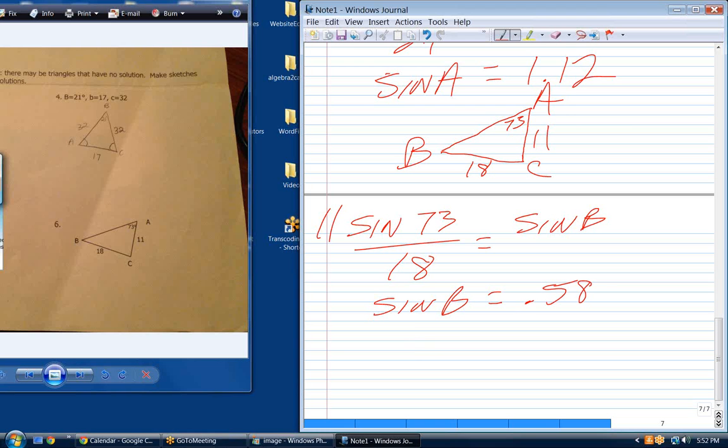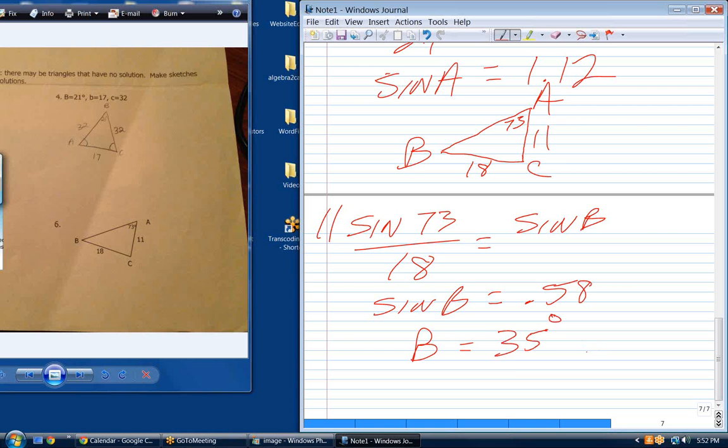Okay, so B is what? Don't forget to allow for the ambiguous case. In other words, we need both angles. We need the first quadrant and the second quadrant. B equals 35.45.